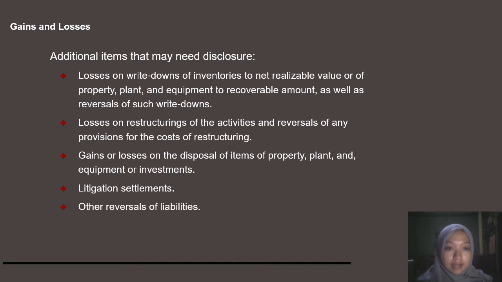The second, loss on restructuring of activity and reversal of any provision for the cost of restructuring. The third is gain or loss on the disposal of property, plant and equipment or investments. The fourth is liquidation and settlement, and the last is other reversals of liabilities.